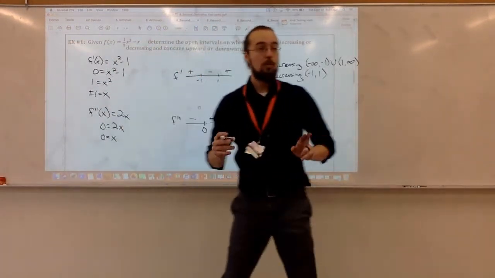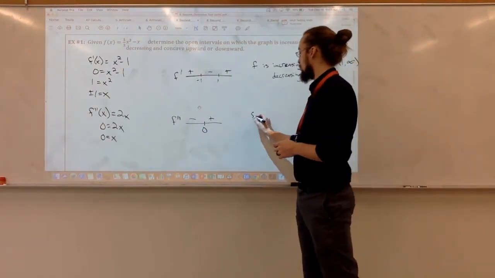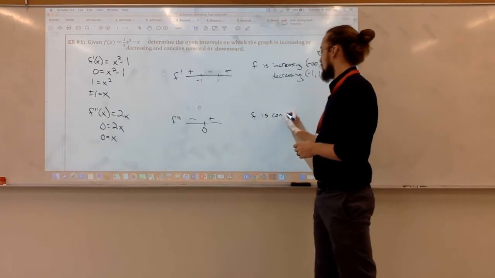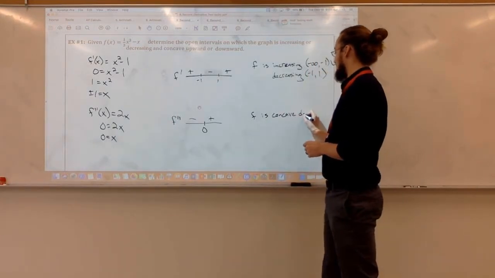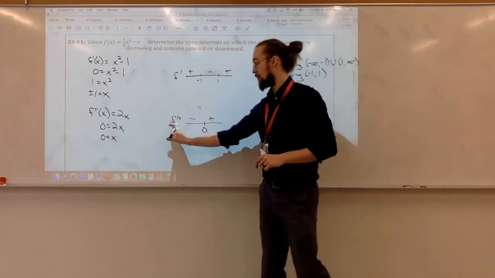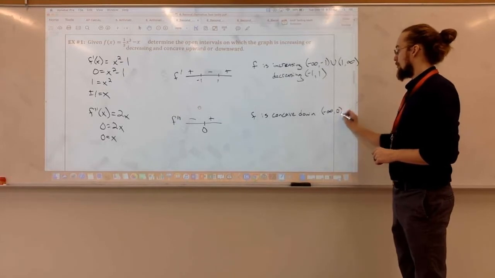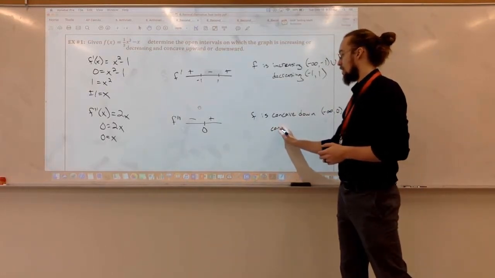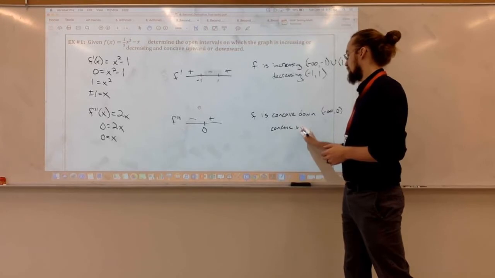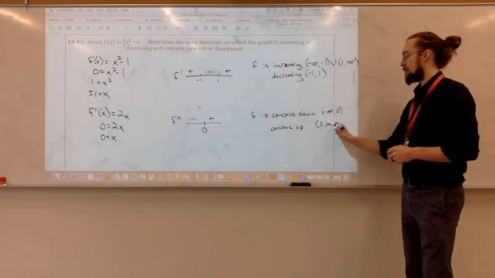So what we can say now is that our original function is concave down on the interval from negative infinity to 0, and it's concave up from 0 to infinity.